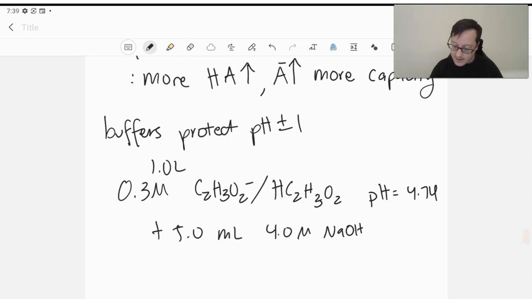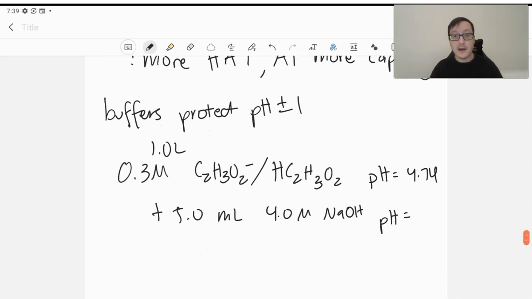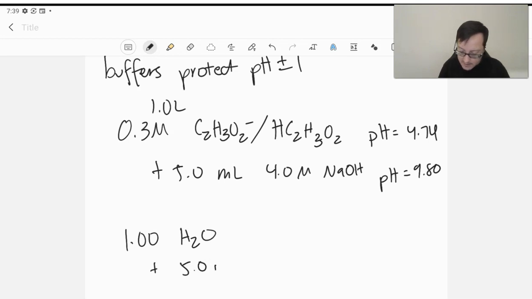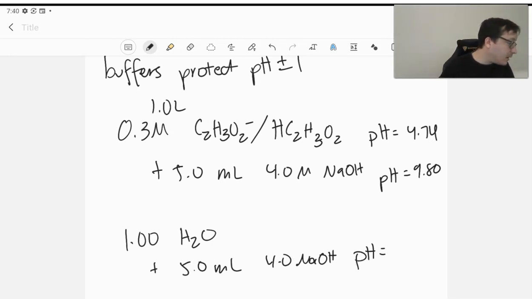If we add this small amount of NaOH, we get a pH of 4.8. Not very much. However, if you just take 1 liter of water and add 5 mLs of this NaOH, the pH of this would be 12.3.